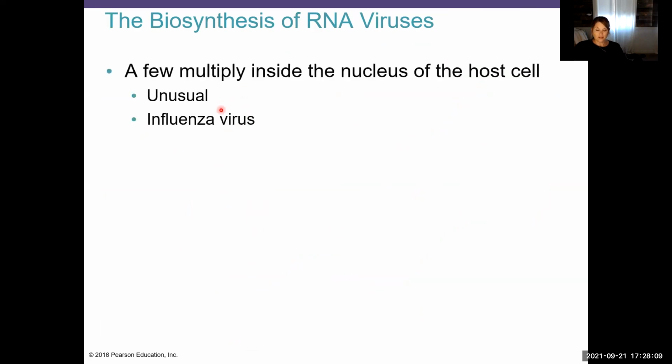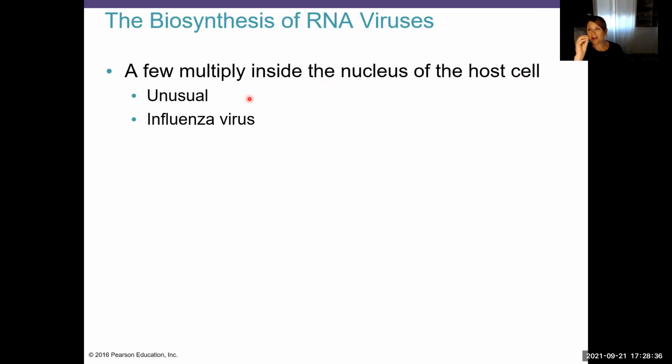I'm going to talk about 4 different types here. An unusual one is viruses that can multiply inside the nucleus of the host cell. Most RNA viruses don't have to get inside the nucleus. Think about that. Why would the RNA have to get inside the nucleus?